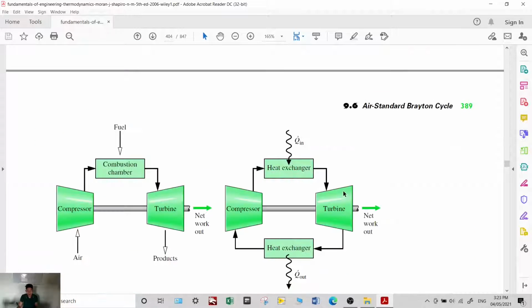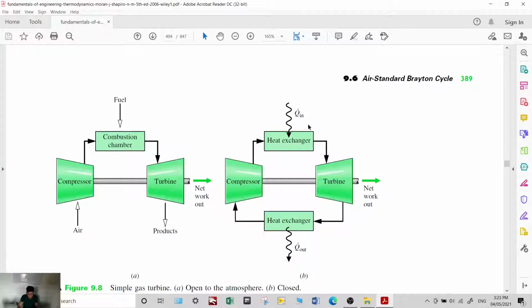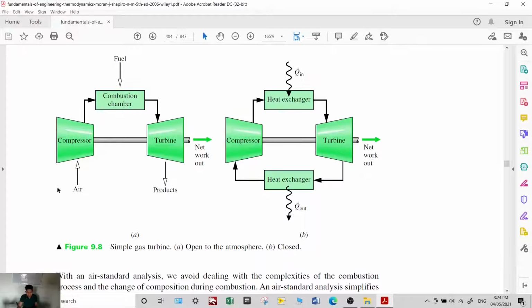Okay, so this is the schematic diagram for a simple gas turbine. This is classified into two: the open type and the closed type gas power plant. For the open type, we do not have a heat exchanger, so we just throw the working fluid into the environment.